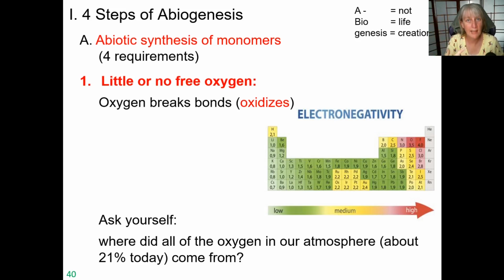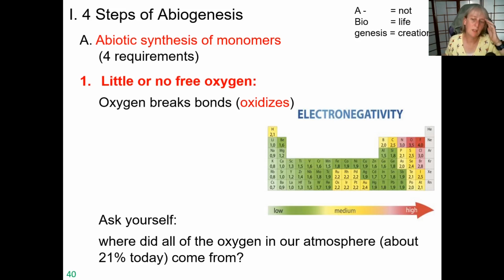What you're fighting is oxidation. Oxygen drives oxidation, the breaking down of molecules. So when there's a lot of free oxygen, just this electronegative element, bonds will tend to break apart. So in order for me to spontaneously build bonds, to build bonds without life involved, I need to lower the amount of oxygen.